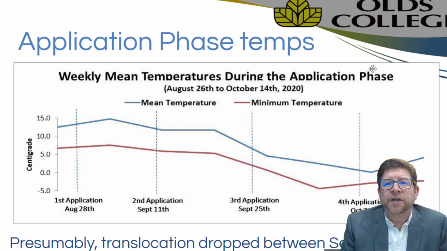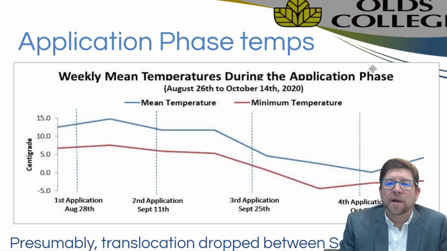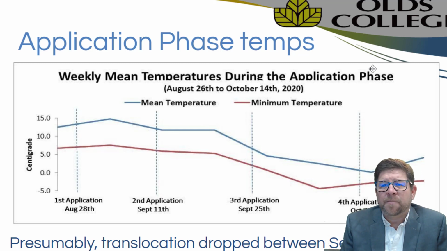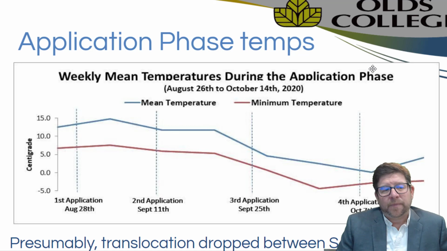Of course, we want to check how our temperatures fluctuated in the fall, to see if this played some bearing in the absorption of a nutrient applied. Between the third and fourth application, we had a temperature drop down below 0, which presumably reduces translocation when the plant's not actively growing. Same reasoning why we don't apply herbicides when the weather's too cold, because the plant's not actively taking it up.